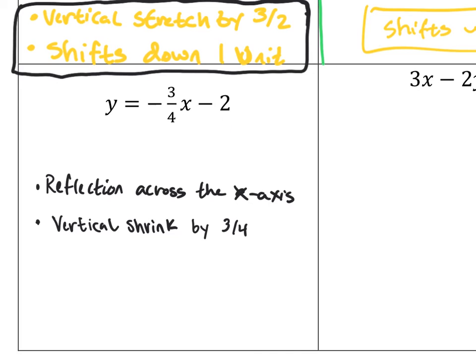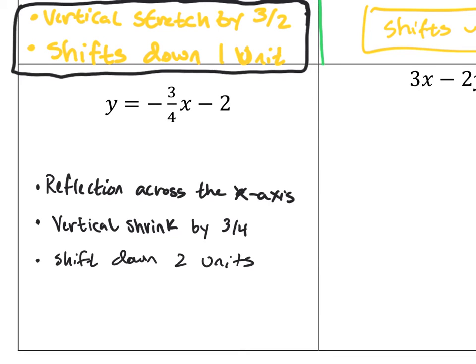Well, -2 goes which direction? Down. So you would then just say it shifts down 2 units. So at that point, you're done. Maybe me writing down what I was thinking confused y'all, but you can literally just look at it most of the time and go.